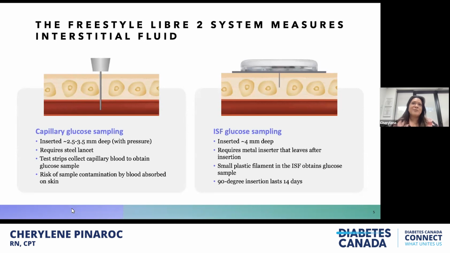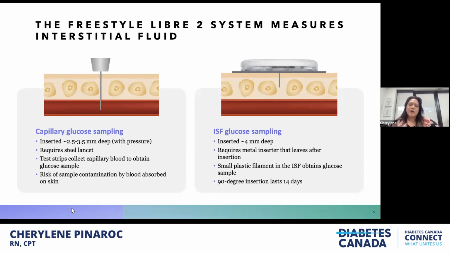We also use test strips to collect the capillary blood to obtain the glucose sample, and then we get our value. There's a risk of sample contamination, usually when we have oil on our fingers or any sugars, and this can falsify the readings we're getting on the capillary blood glucose sampling.